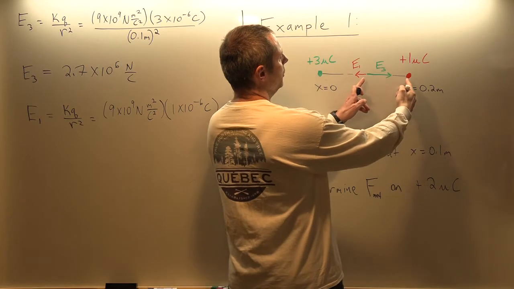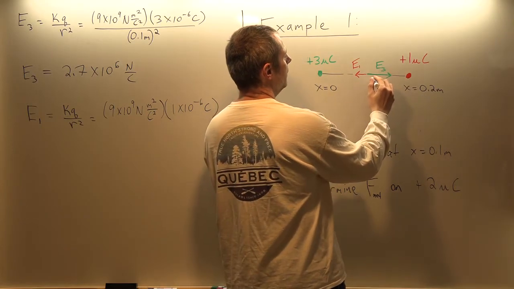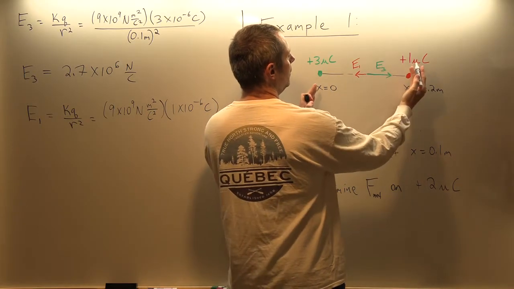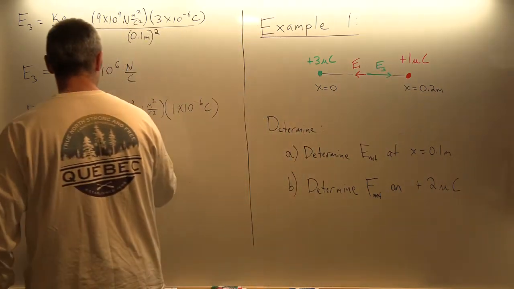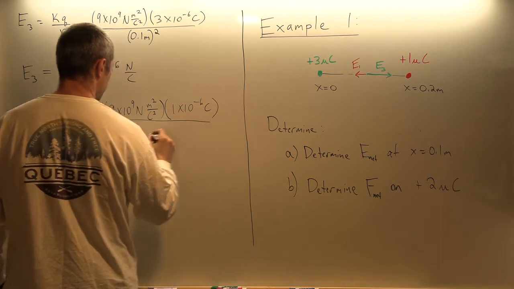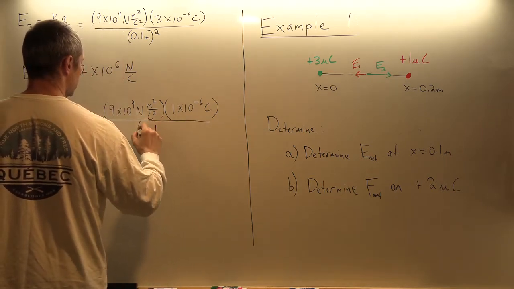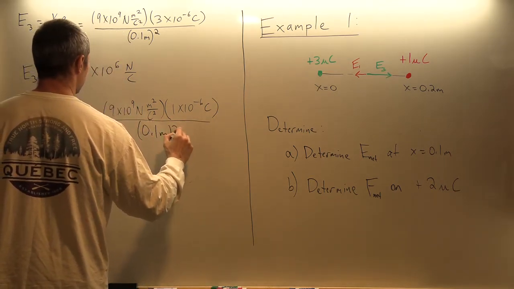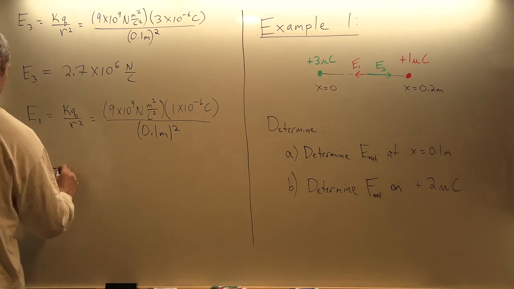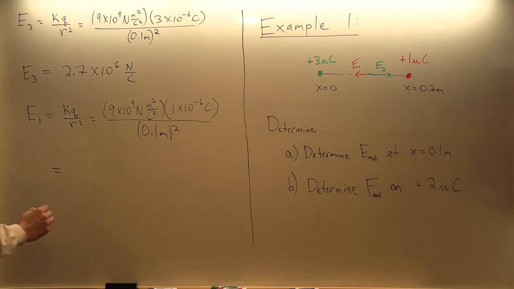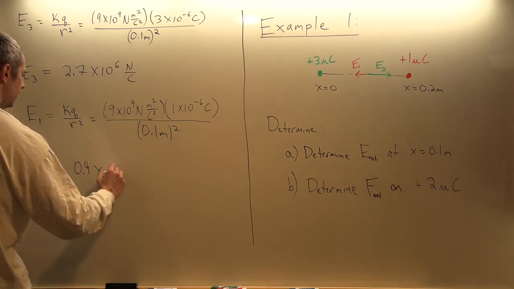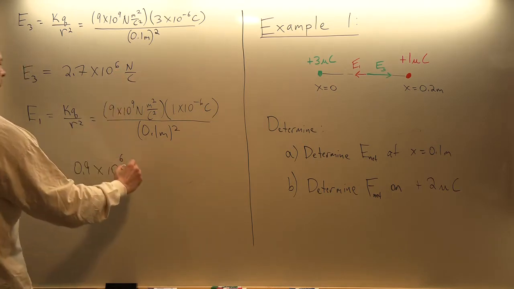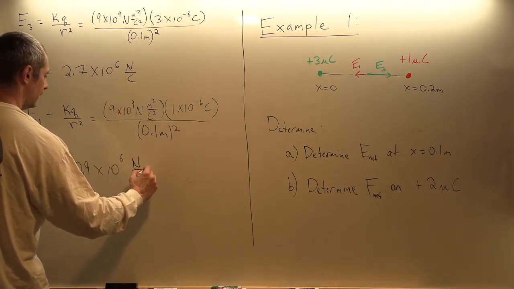And this charge is also 0.1 meters away from the point in question. Yes, it's at x equals 0.2, but from here to here is 0.1. So again, we put in 0.1 here. And that's 9 times 10 to the 5th. Or if you want, I'm just going to keep it as 0.9 times 10 to the 6th to keep it the same power as that, because I'm going to now subtract them.